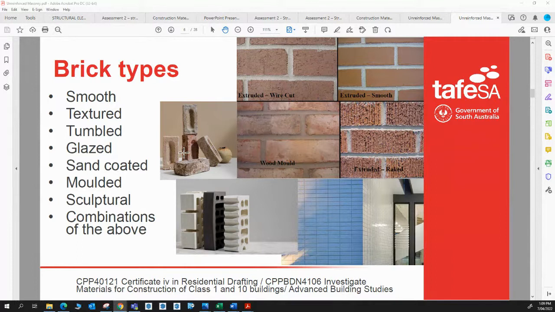So in terms of brick types, there are so many types in terms of textures, finishes, etc., that designers have at their disposal for creating various different aesthetics. Certainly the smooth brick, which is very well known, really hit its stride in the mid 60s with cream brick, the cream smooth bricks, very popular.